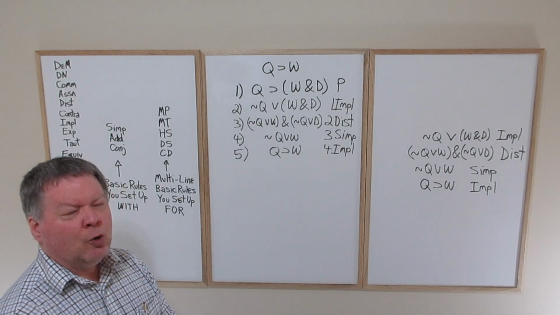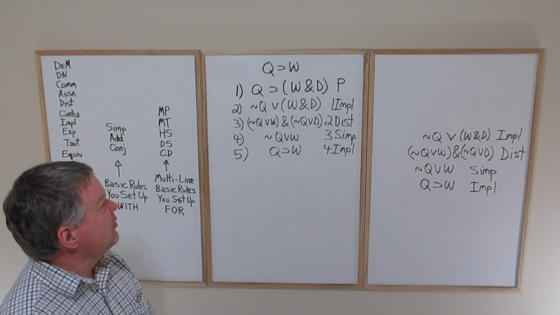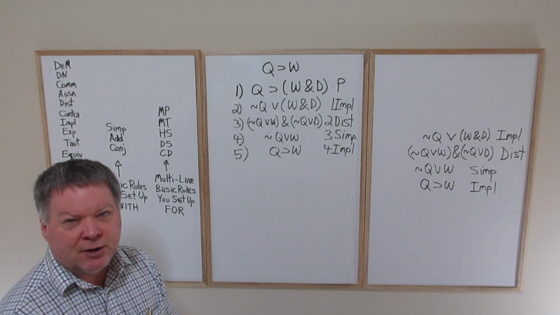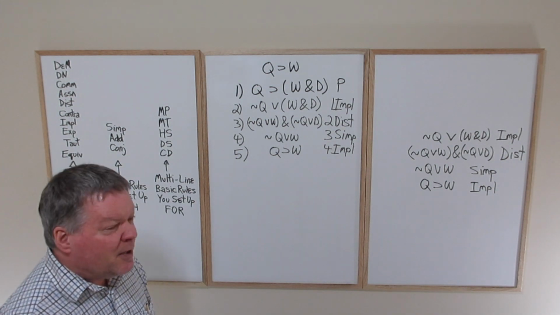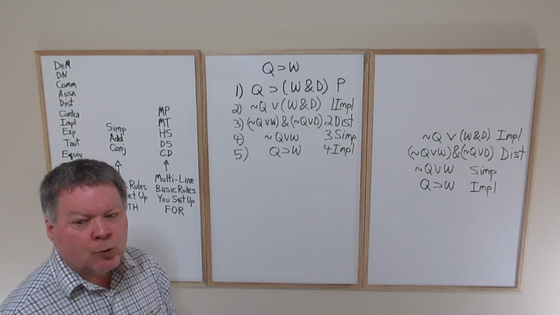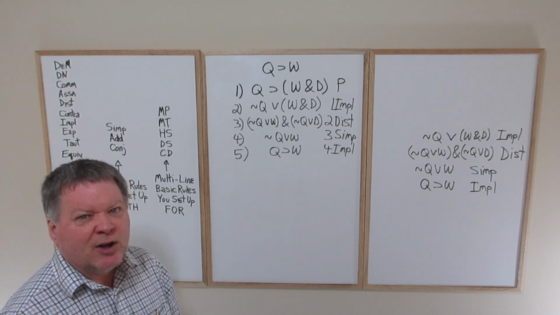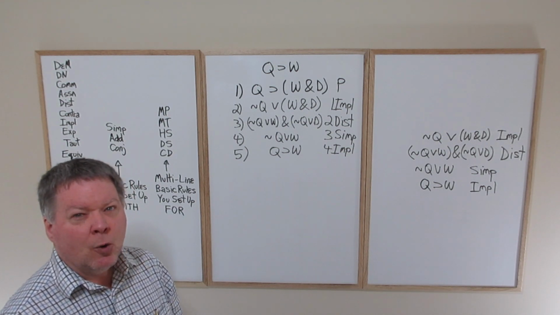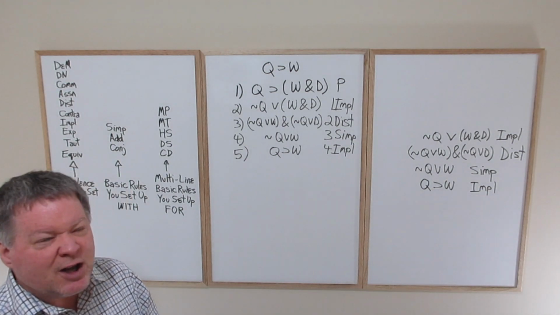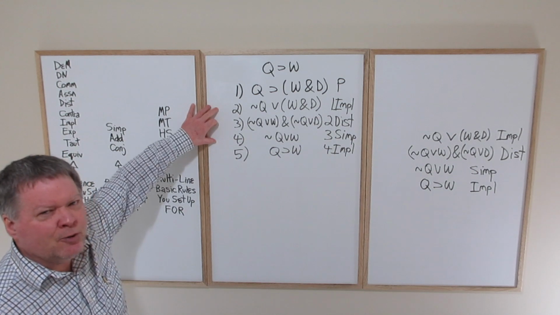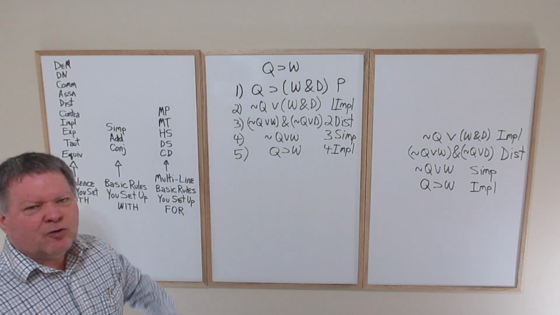So the real goal that you need to be striving towards as you do the exercise questions is familiarity with the rules, familiarity with analyzing information or premise sets in terms of these 18 rules, as well as familiarity with this.